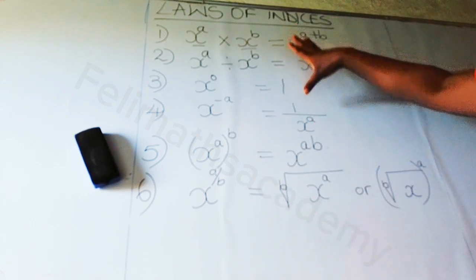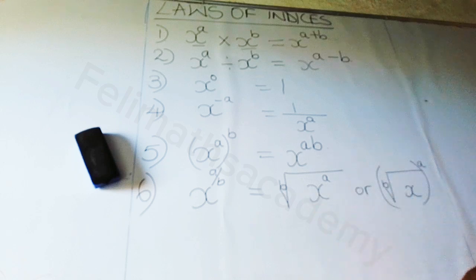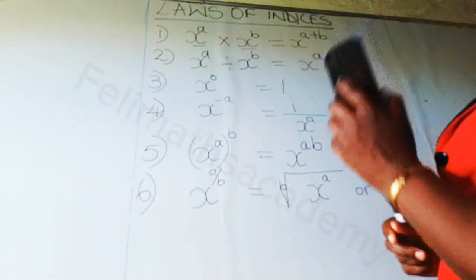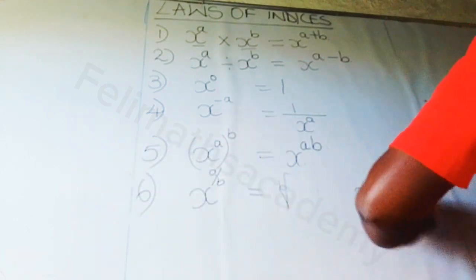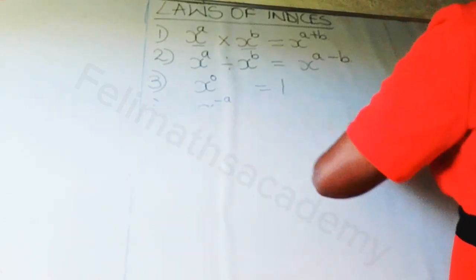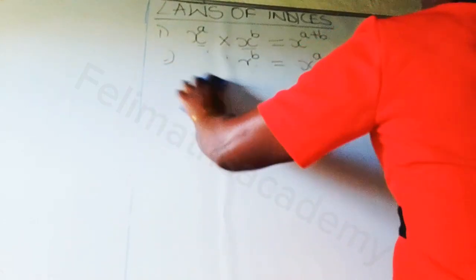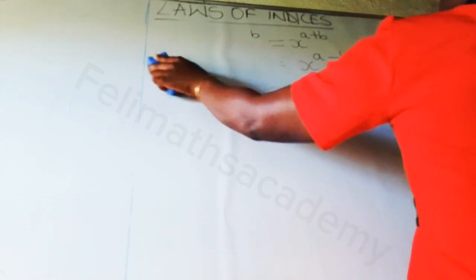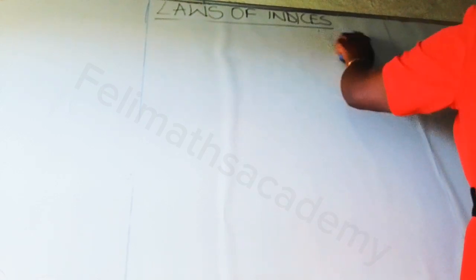And now I'm going to use past exam questions to apply all these laws of indices. I hope you have jotted them down. We are now doing the application part.